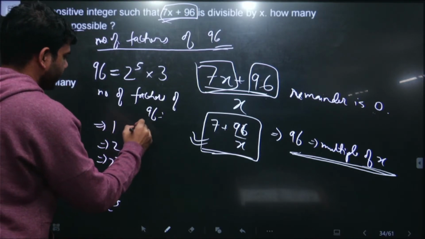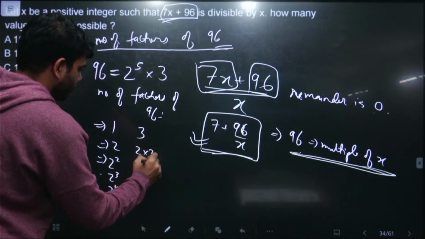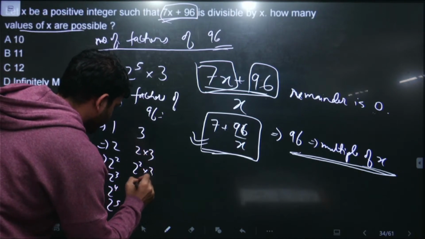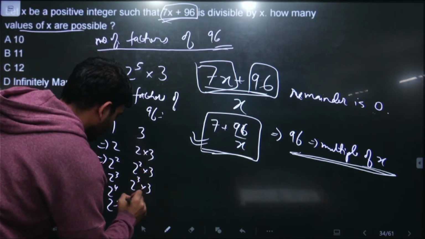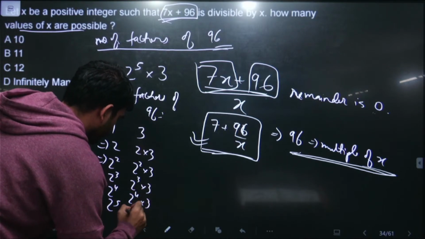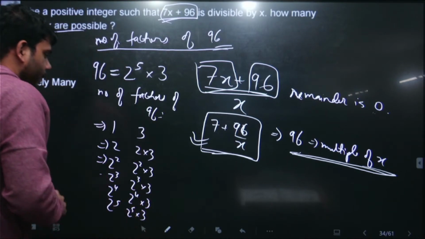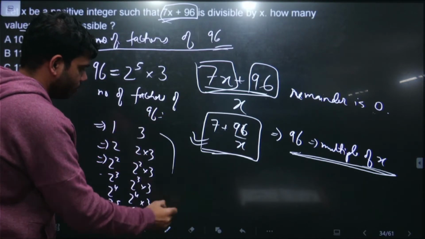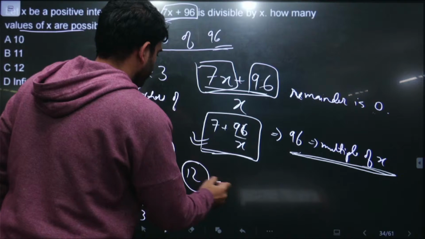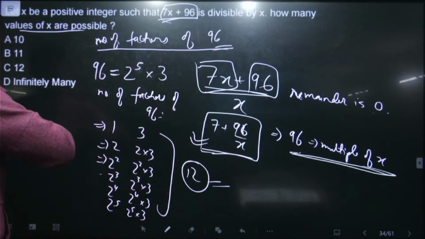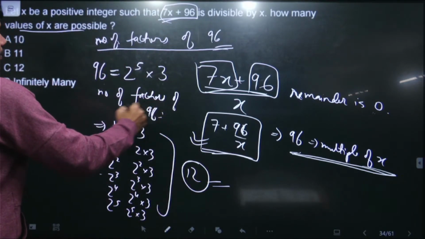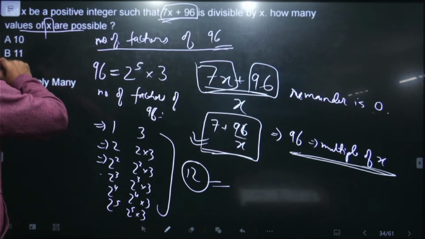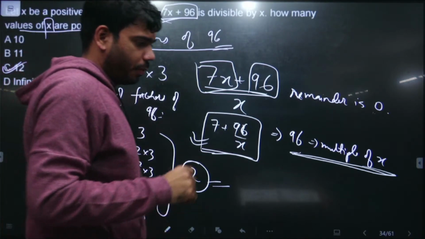And other factors can be 3, 2 into 3, 2 raised power 2 into 3, 2 raised power 3 into 3, 2 raised power 4 into 3, and 2 raised power 5 into 3. Right? So there are 6 and 6, a total of 12 such possible factors of 96. So the number of values of x is 12. So here the answer is option C, 12.